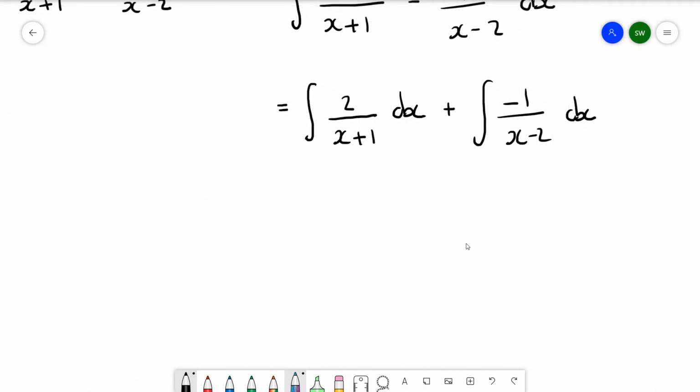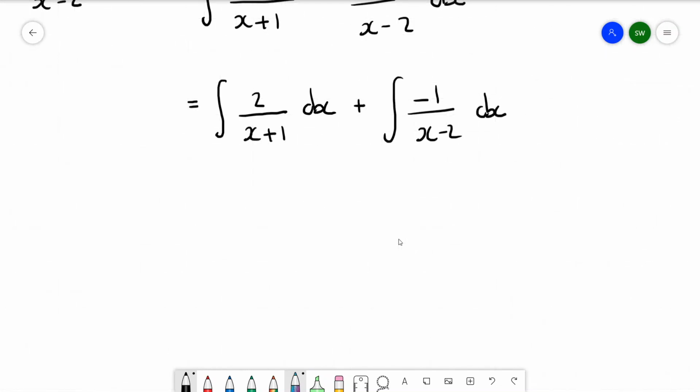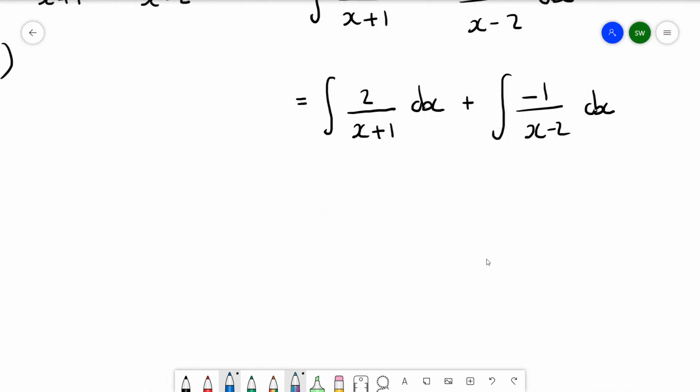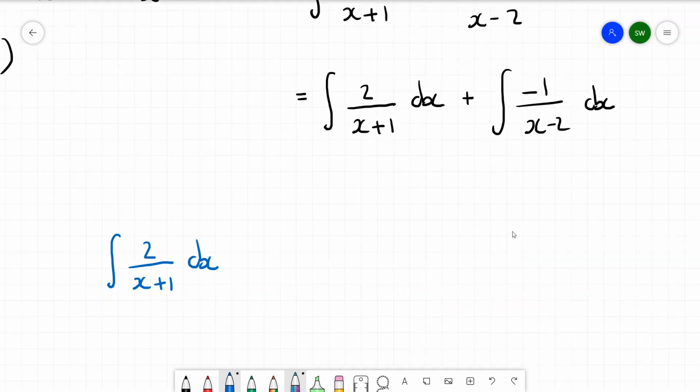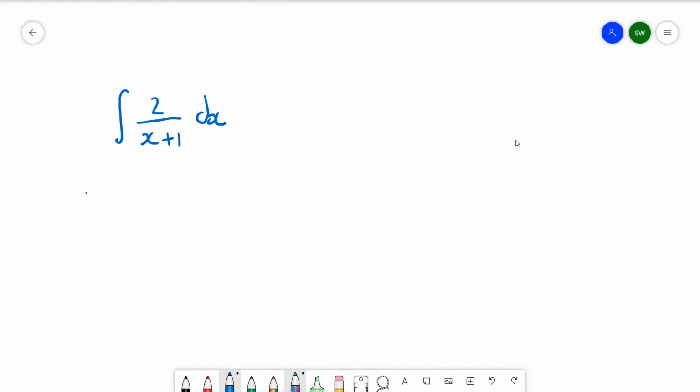You might be able to do these by inspection by now, but if not, then you can go through the process of doing an integration by substitution. So if we were to integrate 2 over x plus 1 with respect to x, then we would use the substitution u equals x plus 1, and we would know that du over dx equals 1.